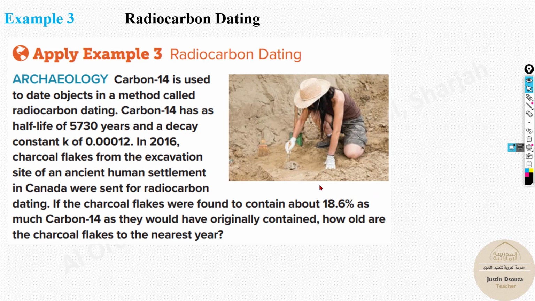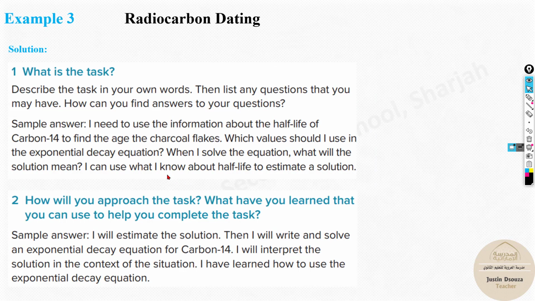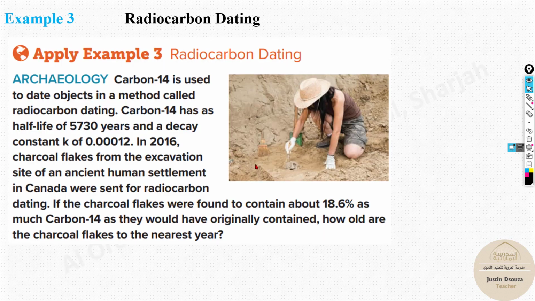But instead of doing it in mind, we can use the formula and easily solve it. Let's write the formula. y equals a e to the power minus k t. We know what is remaining. How much is remaining? 18.6%.